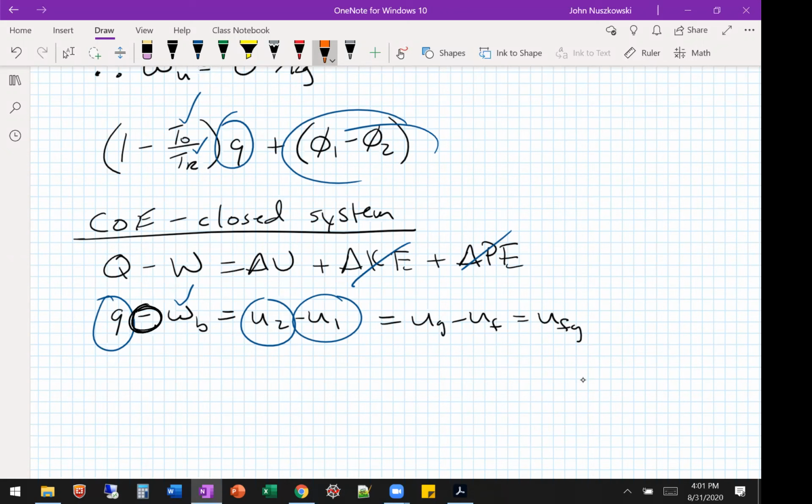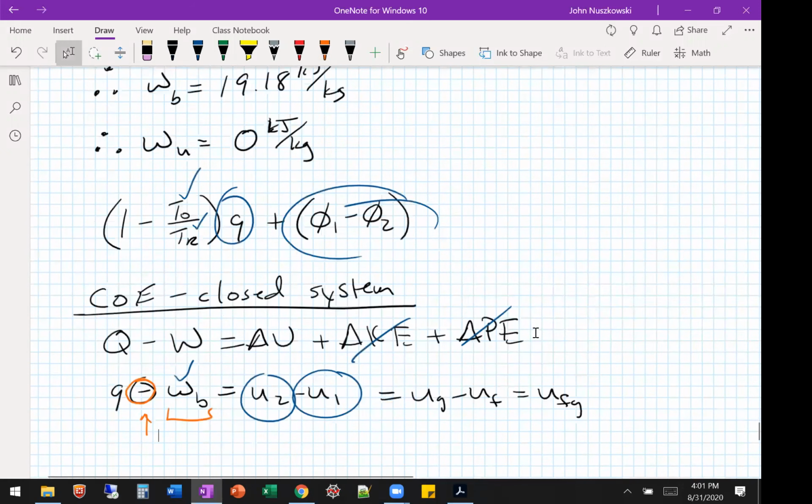That sign right there is telling us that if we got a positive out of our boundary work equation, then we just put it in, and the positive goes in right there.